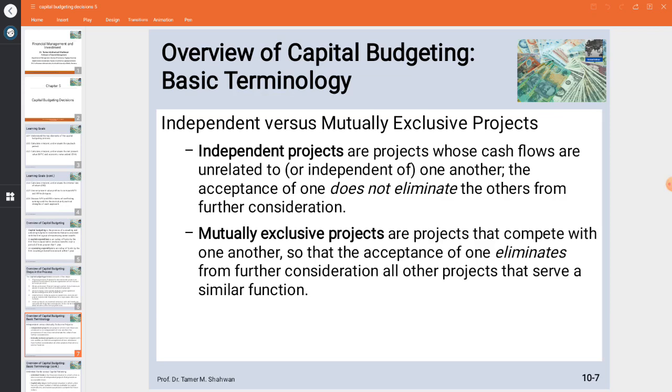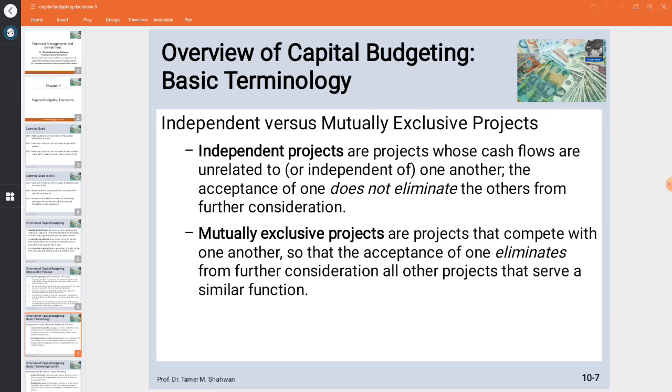That is, those 2 projects are independent. This means that the acceptance of one doesn't eliminate the others from further consideration. If you have projects A and B, and both are independent, the acceptance of A doesn't eliminate the acceptance of B. In this case, we refer to those projects as independent projects.